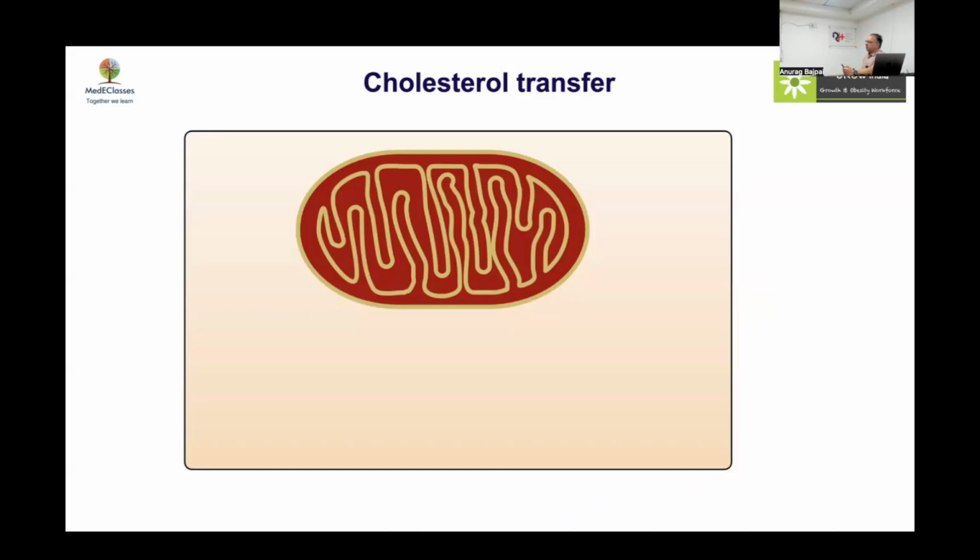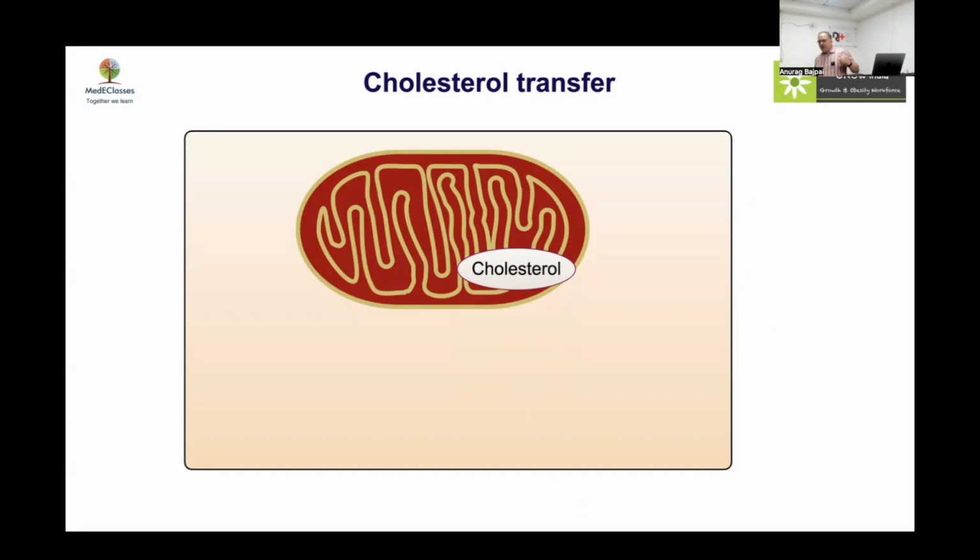Now, cholesterol, once it has reached the cell, whether it is endogenous production, LDL or HDL, needs to be pushed into the cell. Under normal process, it will happen. Cholesterol is a lipid, so it can easily cross, but then the speed will be less.